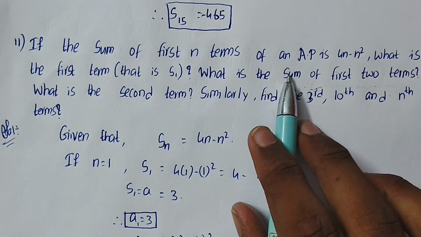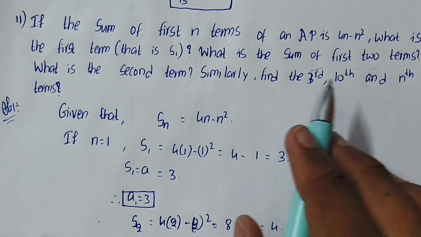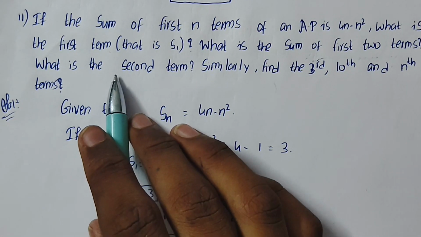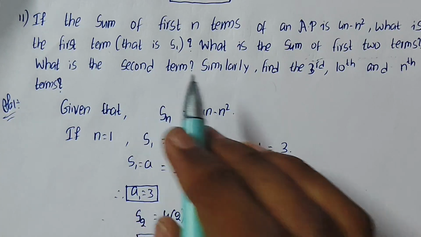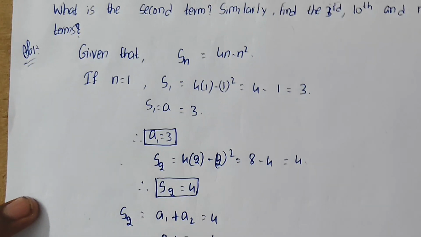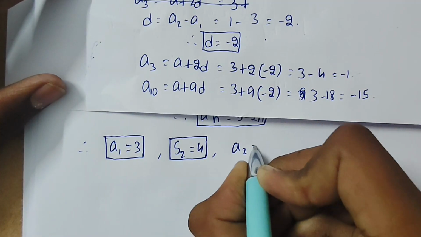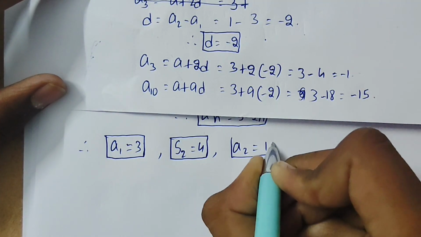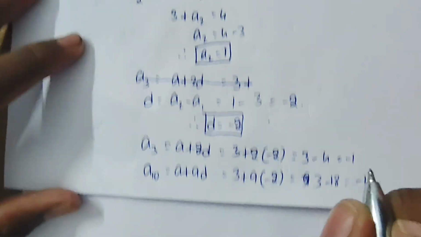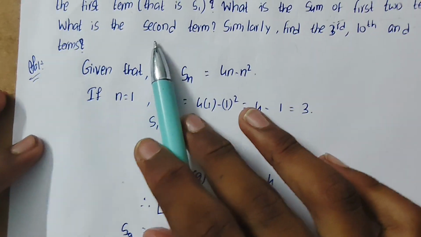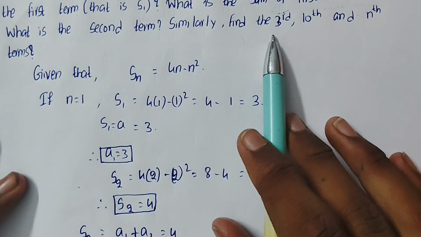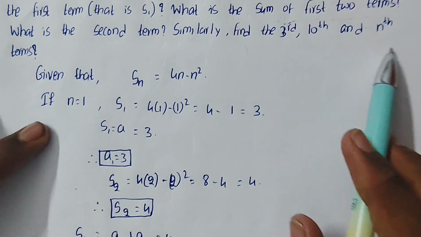We also got the sum of the first two terms. Then what did he ask? What is the second term? The second term we got is 1, so the value of a2 is equal to 1. Later he asked to find the value of the third term, the 10th term and the nth term.